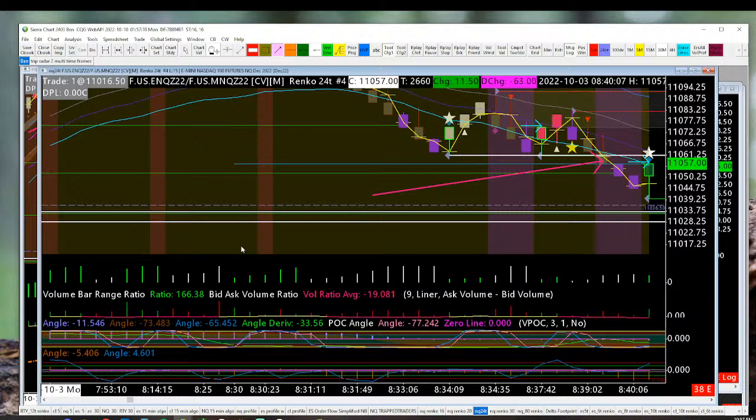Okay, so... But once again, we get purple bar, green bar. So this one should be resistance. This should be new resistance.